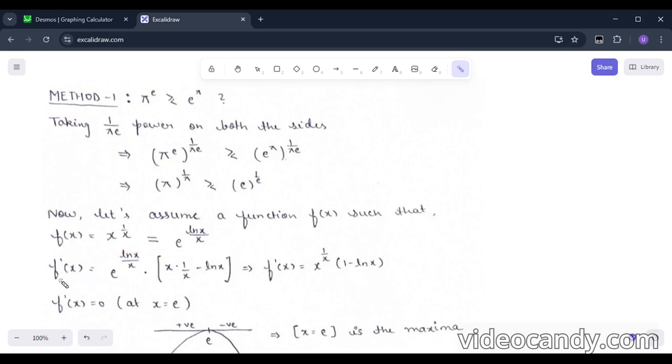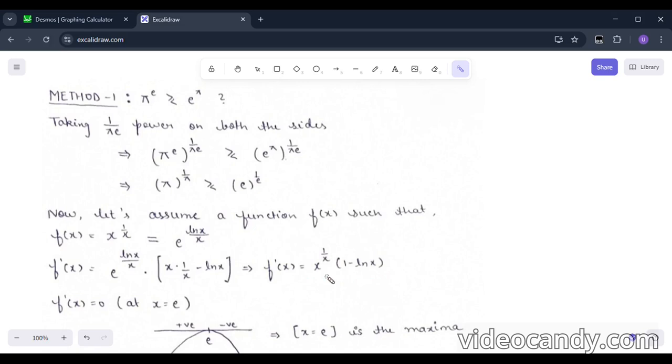Now we need to draw the graph of this function f(x), and for that we will need the help of some critical points and the limit of the function at the boundary points. So for critical points we need to first calculate the derivative, or the f dash, of the function. So f dash comes out to be x raised to power 1 by x into 1 minus ln x.